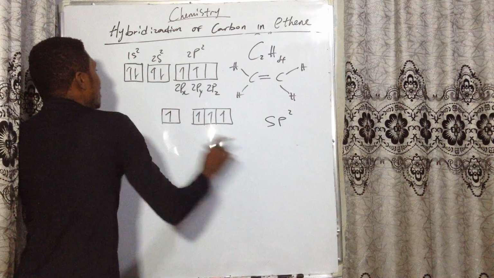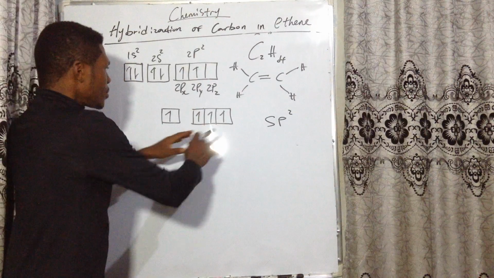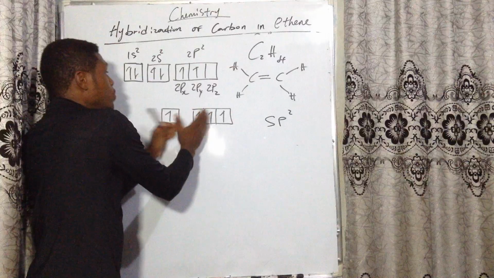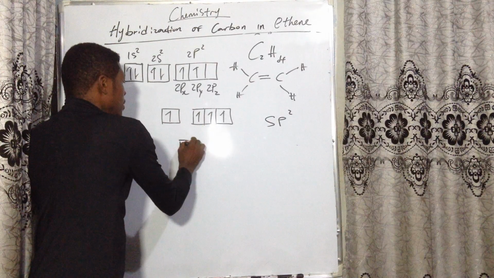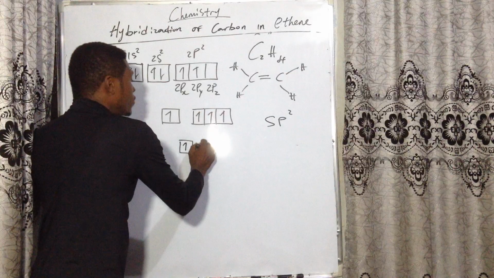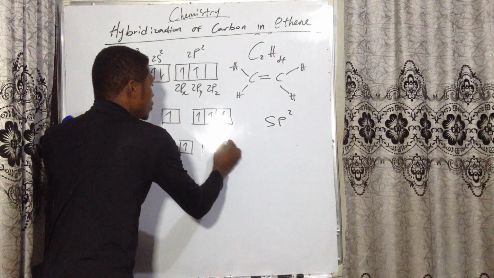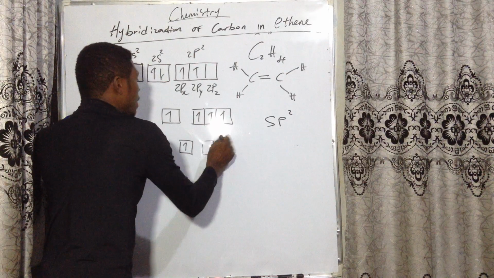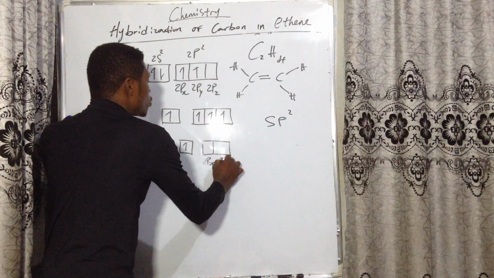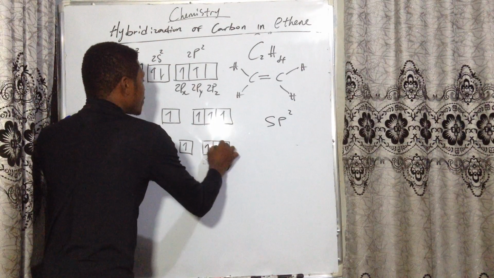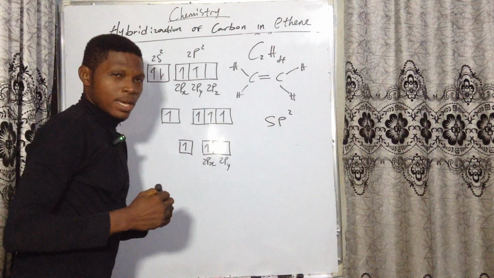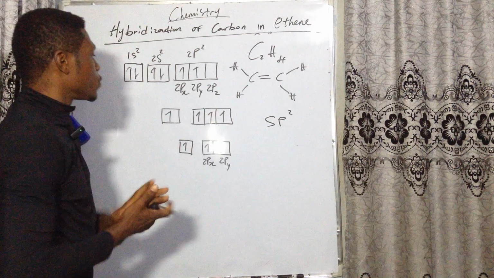After the promotion, carbon will now form only sp2. That is, the orbitals that will be used will be this s orbital, and two of these orbitals, that is 2px and 2py. So that's what leads to sp2.